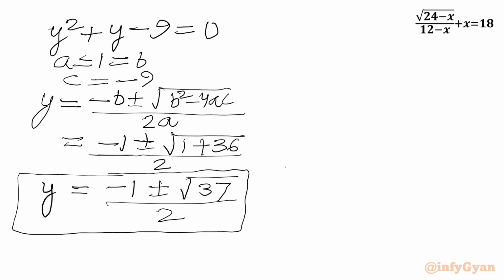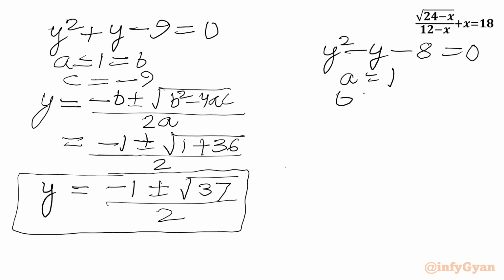Now we have another equation. It is y square minus y minus 8 equal to 0. Here a is 1, b is negative 1, and c is negative 8.